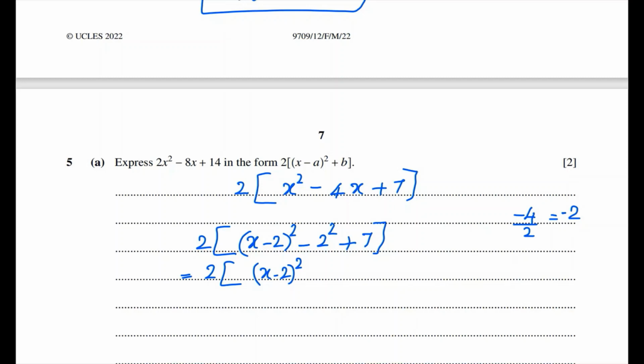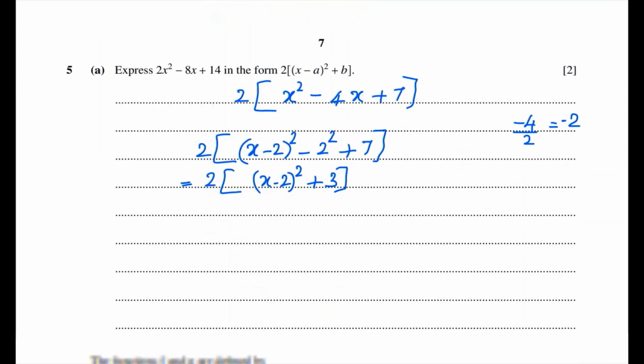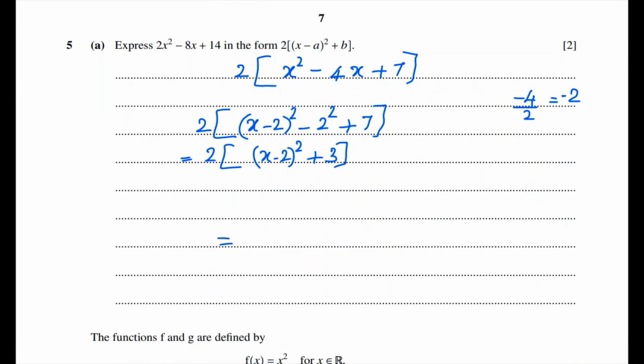Minus 2 square is minus 4, plus 7 gives plus 3. So this is the required expression: 2 of x minus 2 the whole square plus 3.